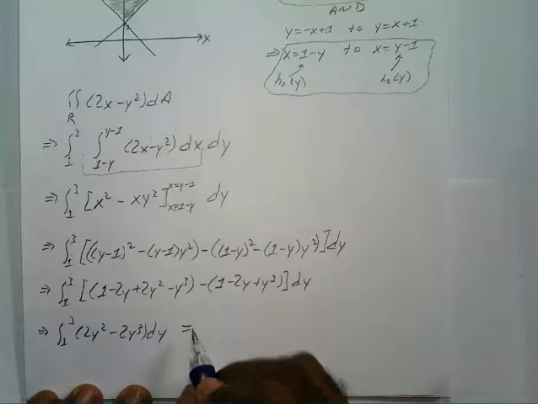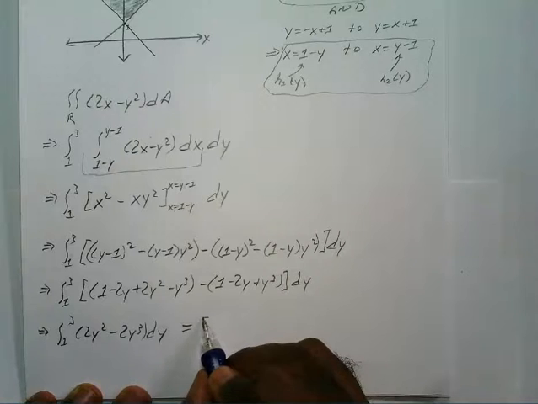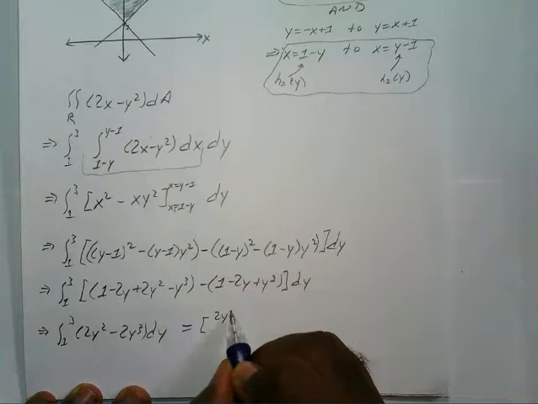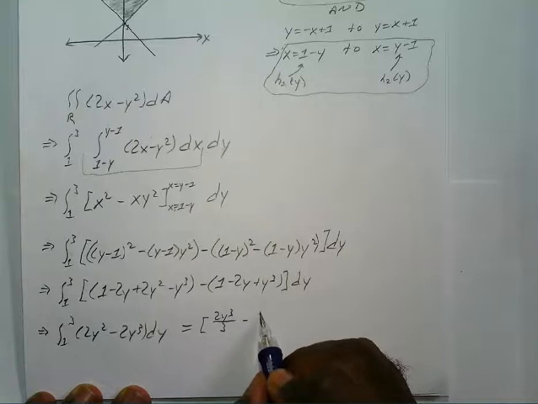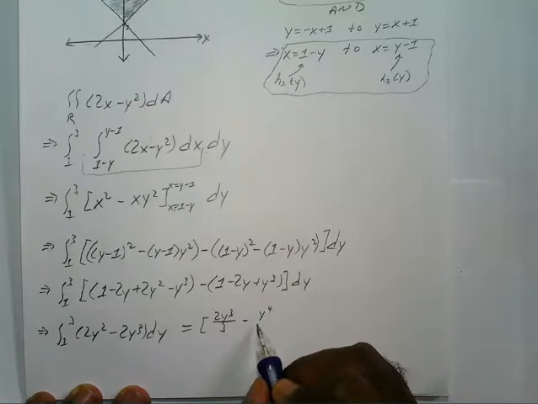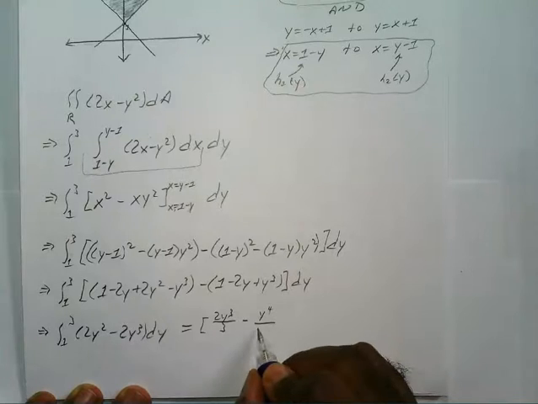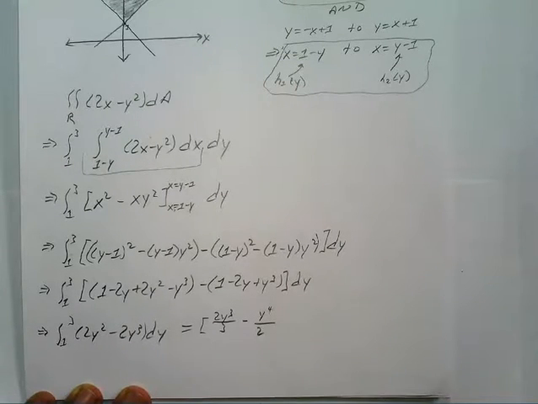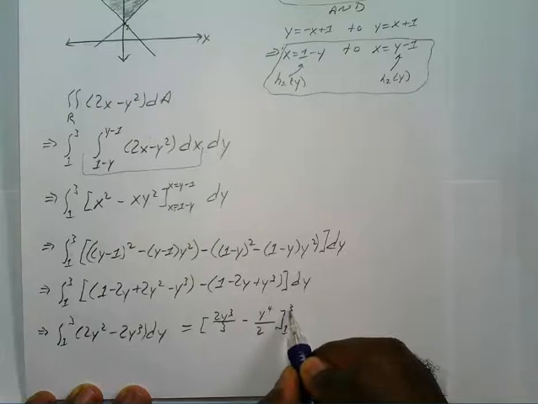Okay, so we can integrate both of those terms with respect to y. We end up with 2y to the third over 3 minus y to the fourth over 4, but the 2 cancels out here, so that becomes over 2. And that is from y equals 1 to 3.